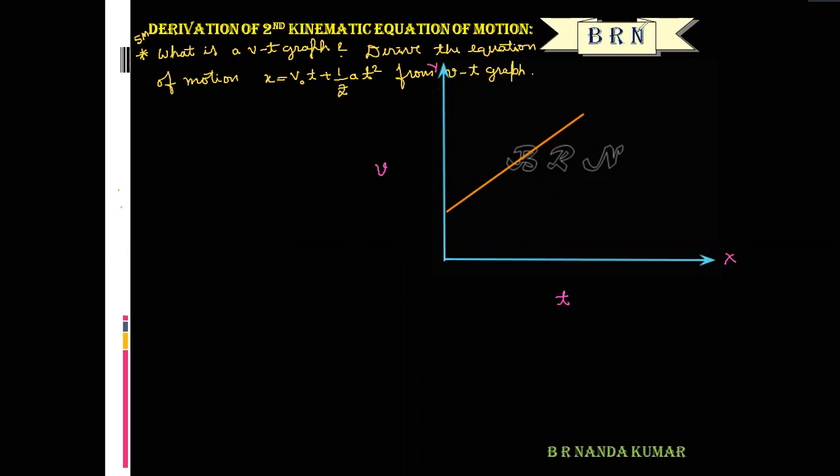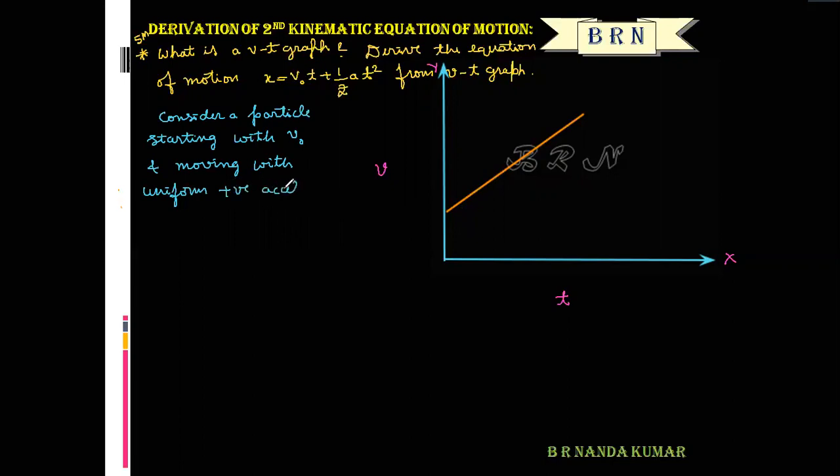Again here consider a particle starting with initial velocity v naught and moving with uniform positive acceleration.